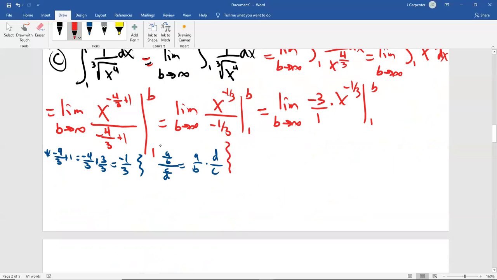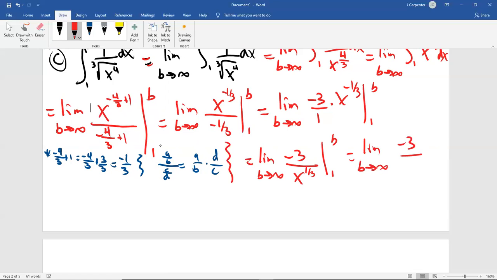So that's the limit as b goes to infinity of negative 3 over x to the positive 1/3, evaluated from 1 to b, which is the limit as b goes to infinity of negative 3 over the cube root of x, evaluated from 1 to b. We're finally getting somewhere.